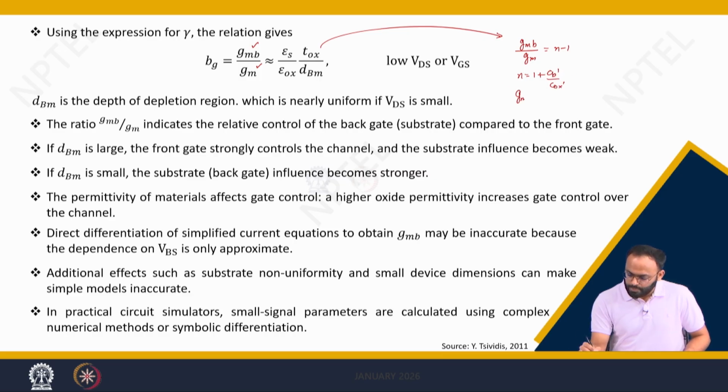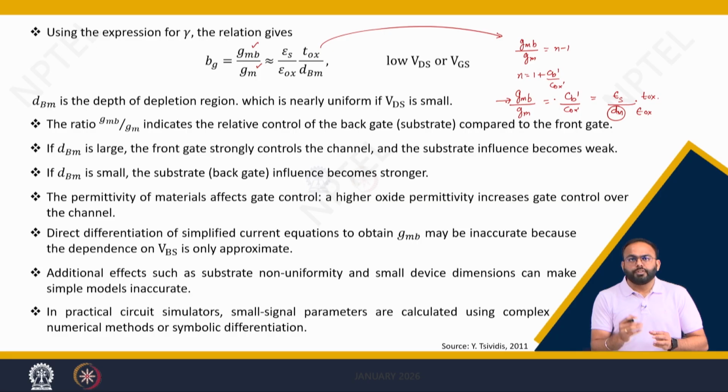So, GMB divided by GM can be defined as CB dash divided by COX dash. CB dash is nothing but what? Epsilon of semiconductor divided by dm, or dBm, into epsilon of oxide into Tox, where dm is the depletion region thickness. Now, this shows what is the control of the gate or the body in the channel.